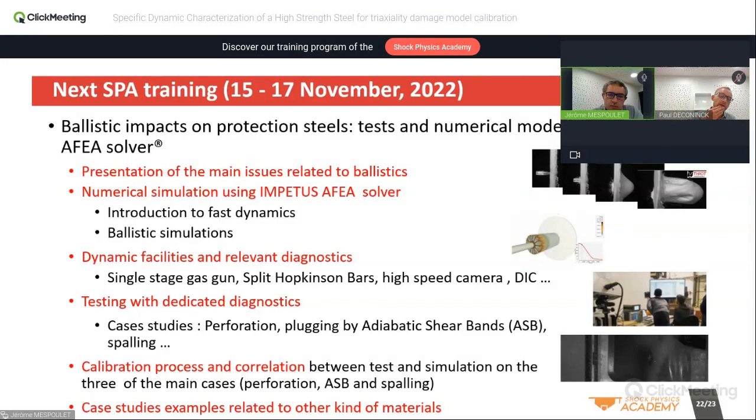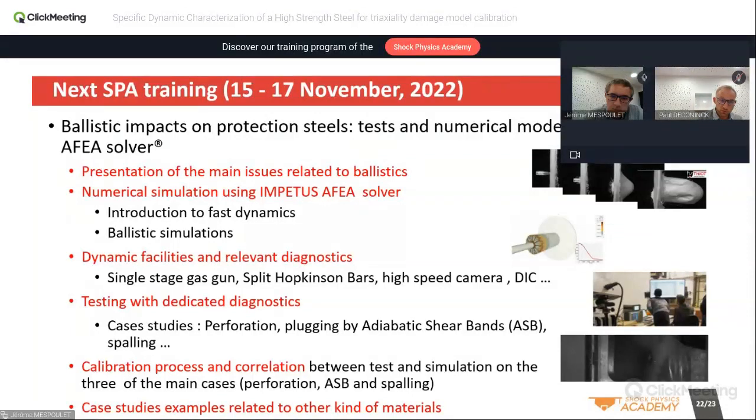It will be described as presented here. So we will have a short presentation of the main challenges of ballistic simulation of impact events. We will also present some description of the Impetus IFEA solver with an introduction to fast dynamics and to ballistic simulation.